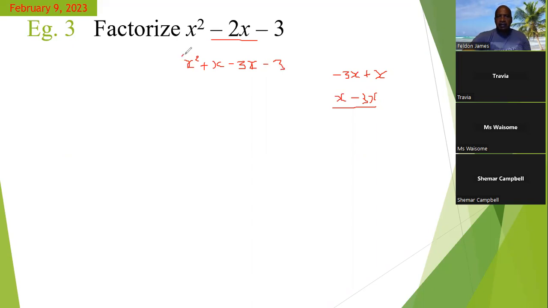So now we can factorize by grouping. For the first pair, what is common? The common factor would be x. And so we divide each of these terms by x. So x into x squared will give you back x.